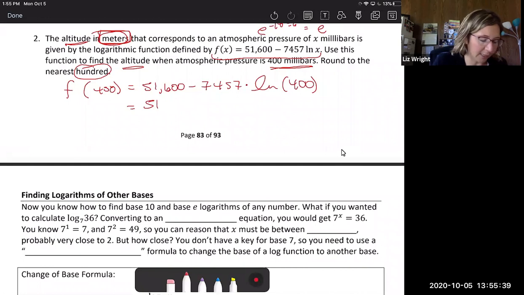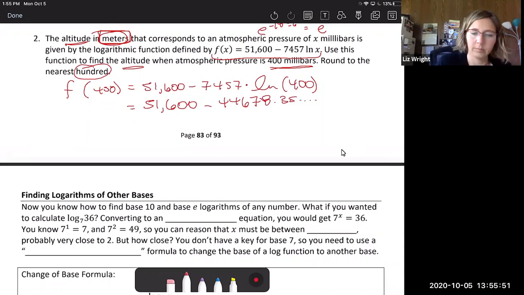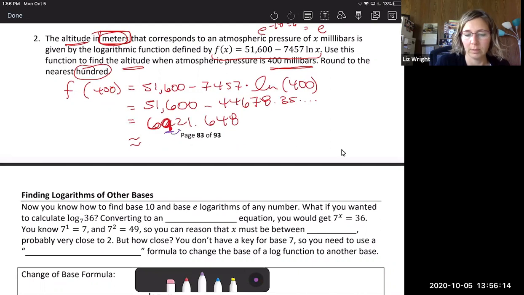So I'm just going to write some steps in, and you do your own and see what you get. All right, so rounding to the nearest 100, you should get approximately 6,900 what? Meters. Don't forget your label.